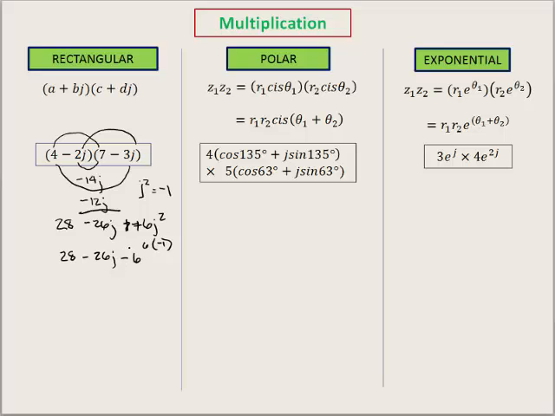Now I combine my a values, and I end up with 22 minus 26j, and that is my proper rectangular format.